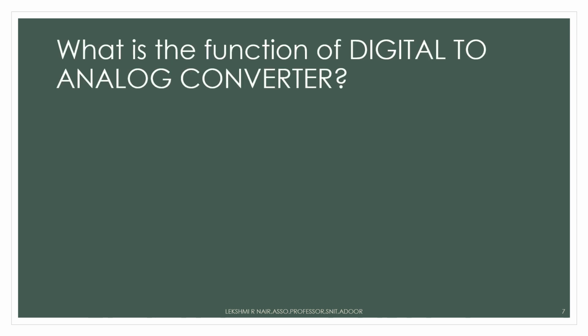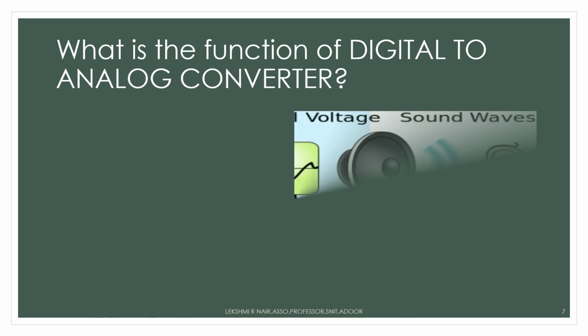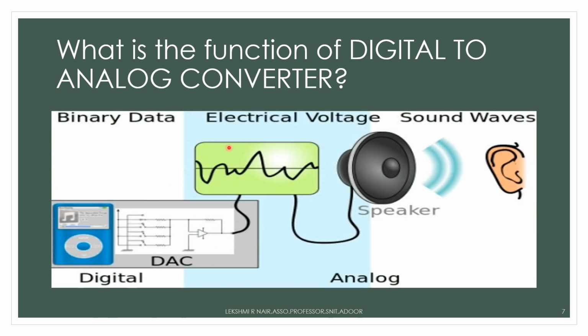What is the function of a digital to analog converter? We have already discussed that a digital to analog converter is used for converting a digital signal to an analog signal. So, the input of the digital to analog converter is digital. The output of the digital to analog converter is analog. So, the input of the DAC is digital and the output of the DAC is analog.